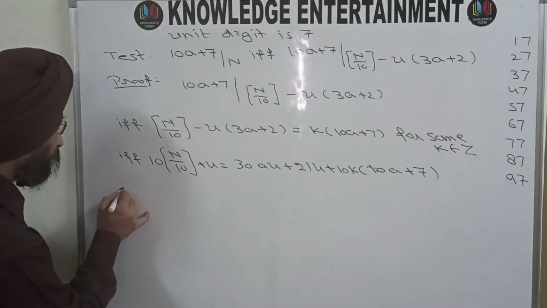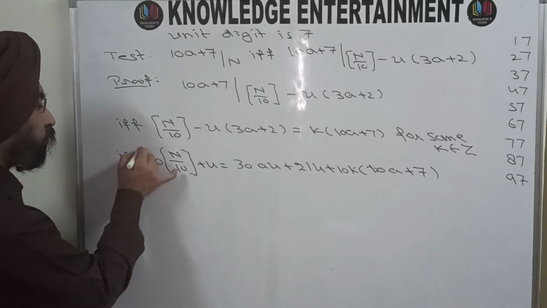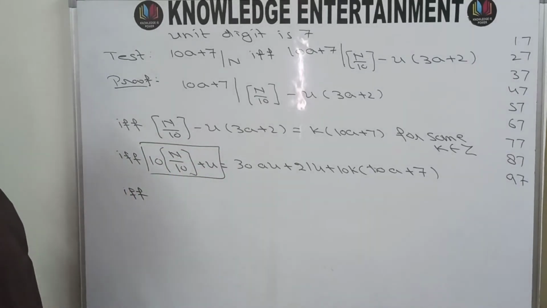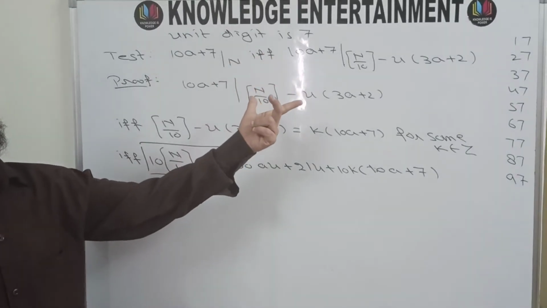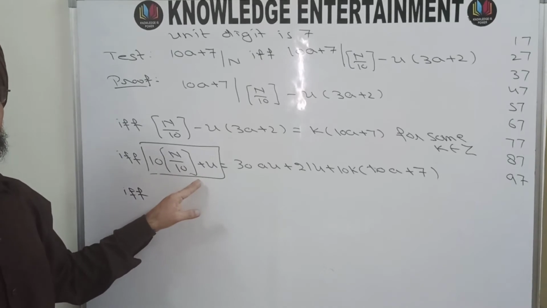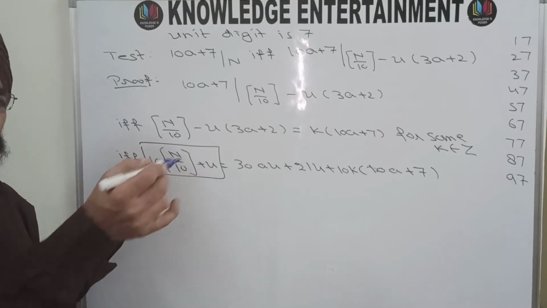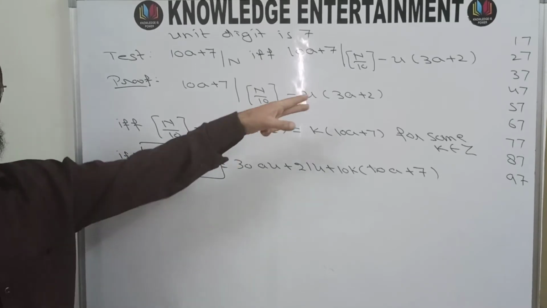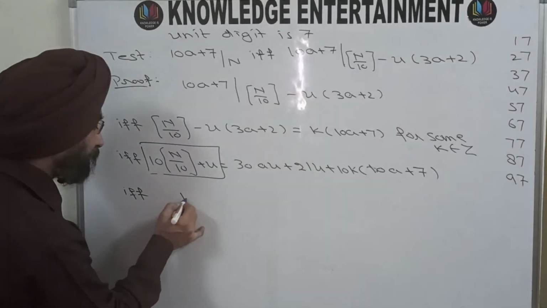So if and only if, now you understand what this is. This is nothing but your original number n. So n by 10, that means greatest integer, that means the last digit is removed, multiplied by 10, once again 0 in the last digit, and adding u you will get the original number. So this is your n.